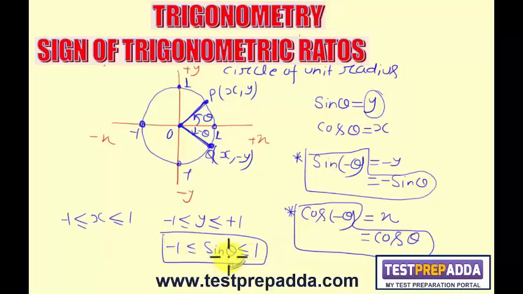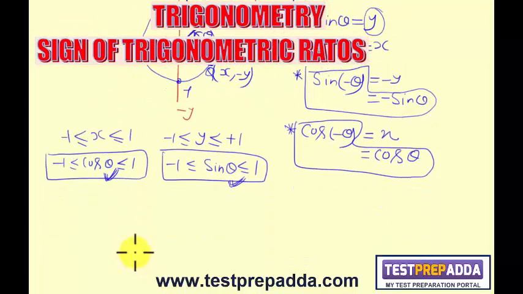I repeat, for all values of theta, sine theta lies between minus 1 and plus 1. Now, if I write x as cos theta, here we can say cos theta also lies between minus 1 and plus 1. For all values of theta, cos theta lies between minus 1 and plus 1. Got it?